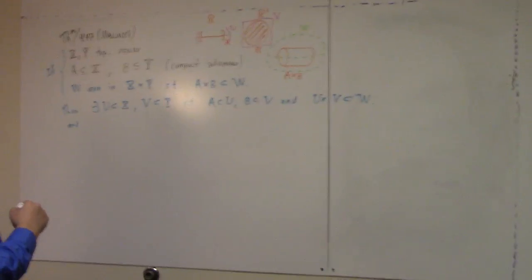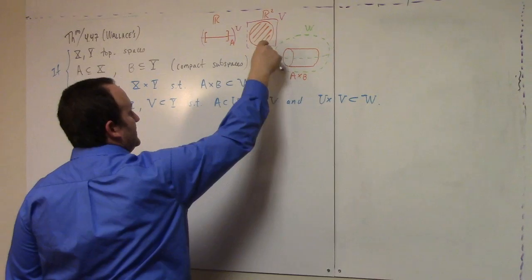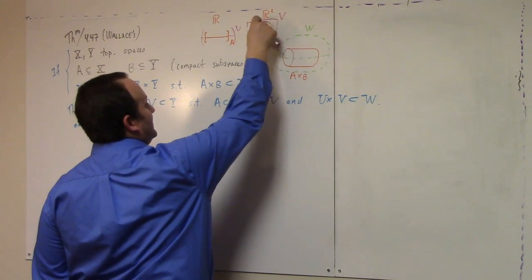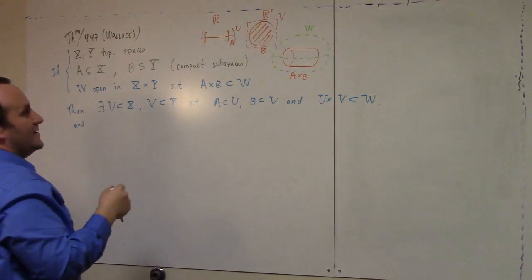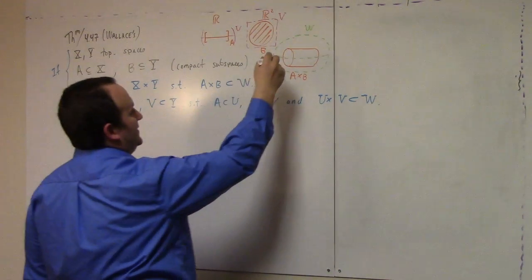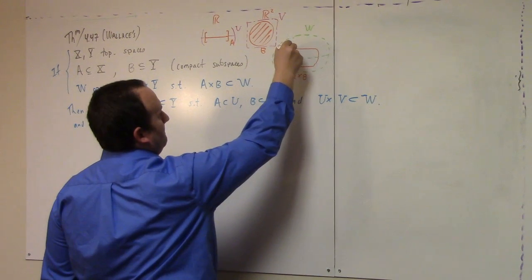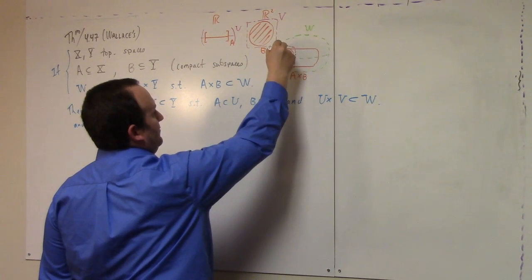I mean open, sorry, open. Sorry, I should stop wasting time with all this picture drawing, but it makes me happy. And then U cross V would fit in here, something like a loaf of bread.